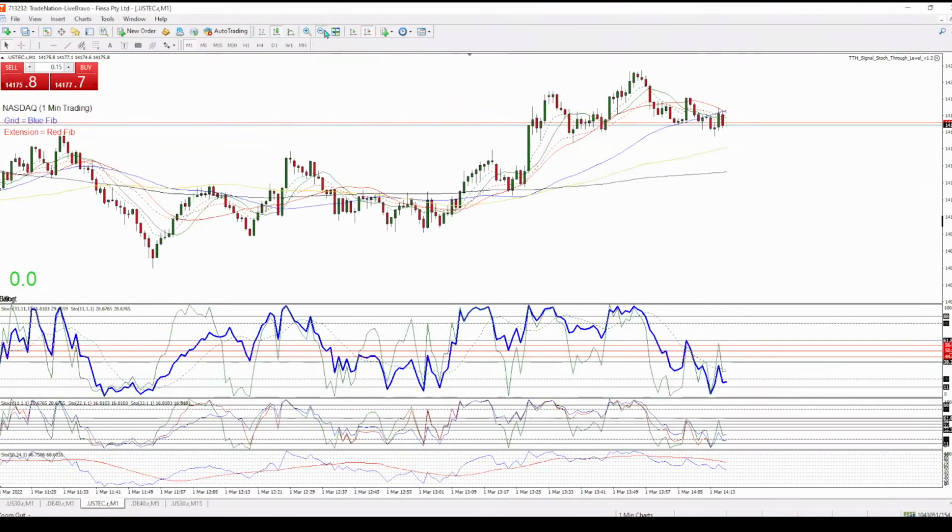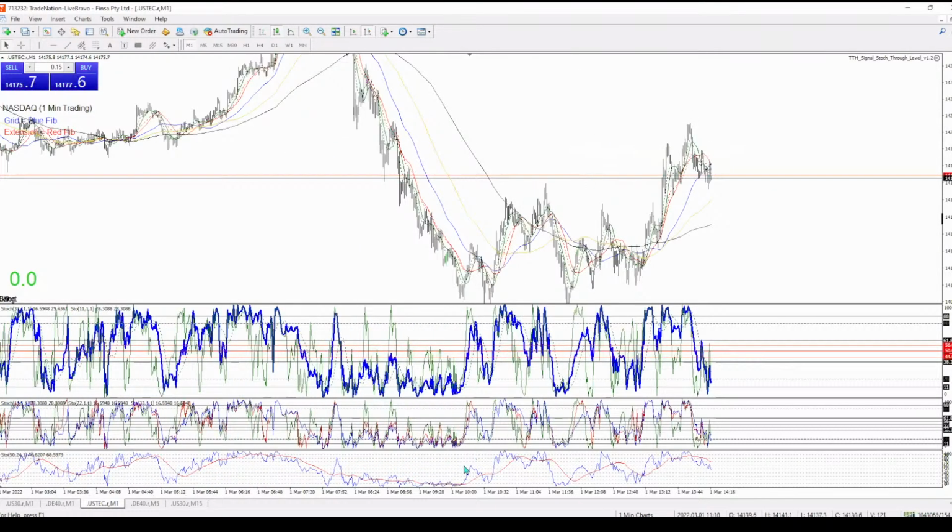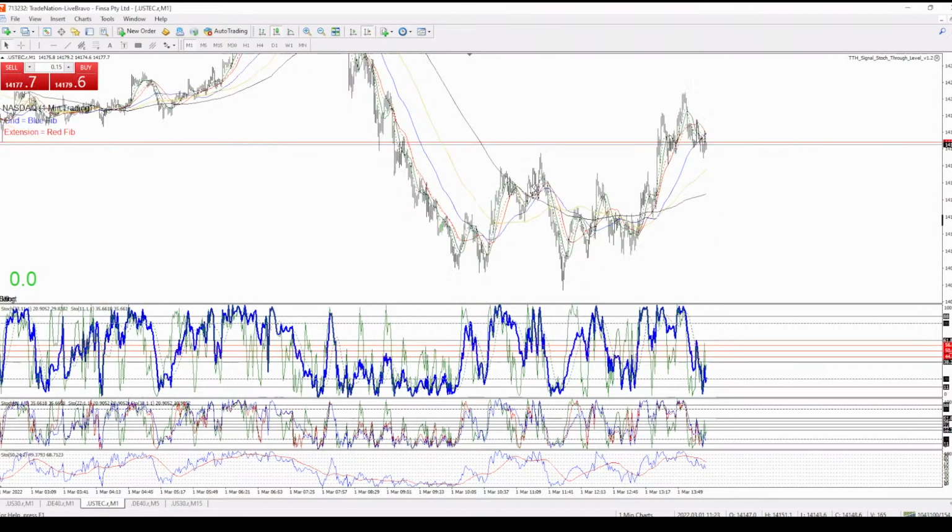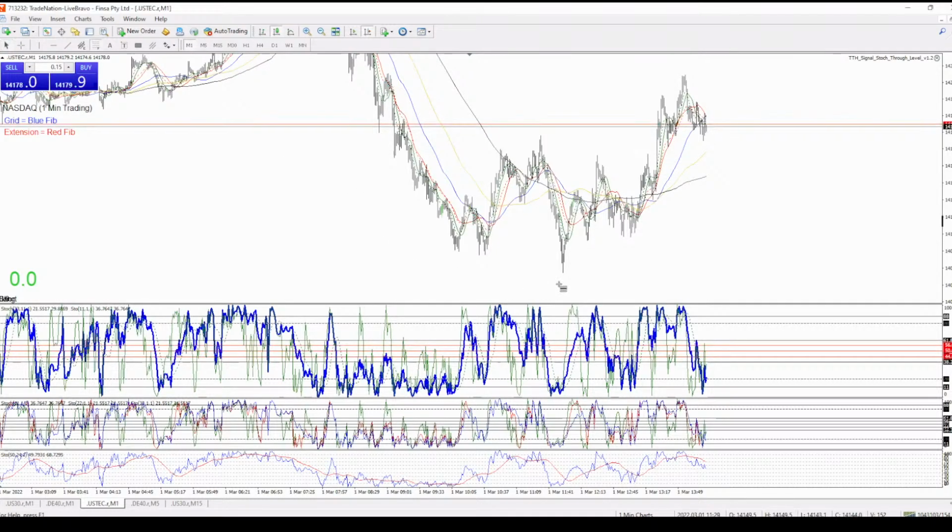Quick look on US Tech. Did get a significant touch over there. It's on 100. Moving average did cross over, so this is just going to keep trailing.